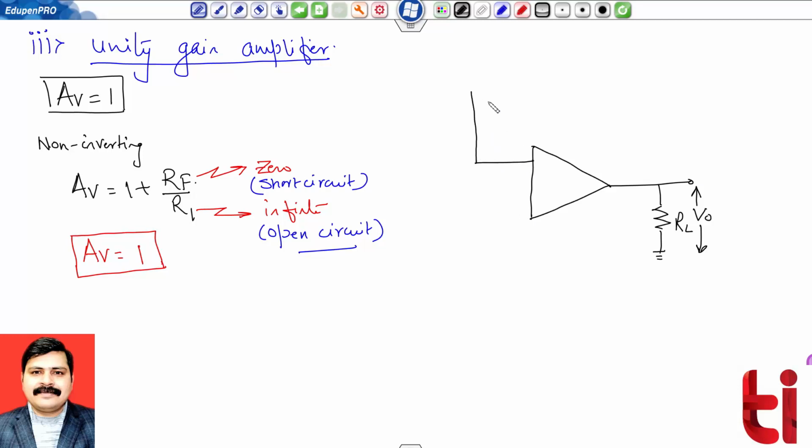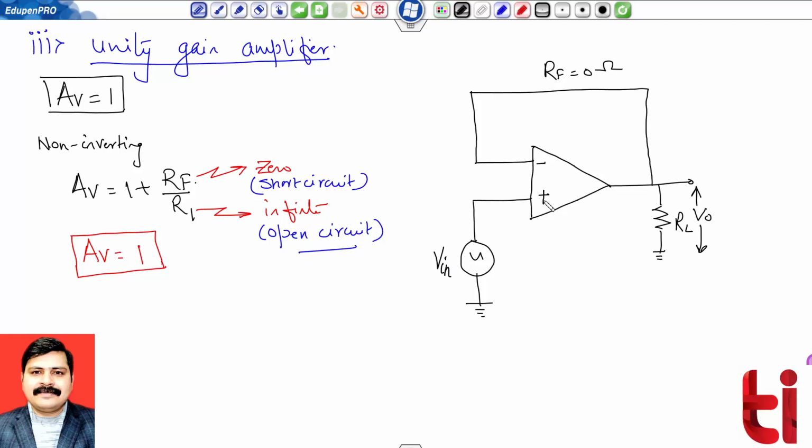So you can check, I have replaced RF by 0 ohms, and R1 by an open circuit, and whatever be the input I have, I am applying that input to the non-inverting terminal, that is my Vin.